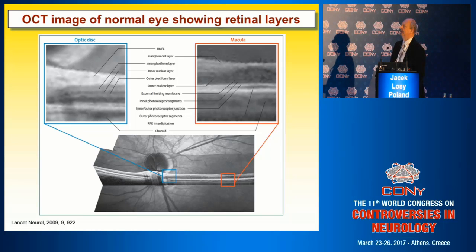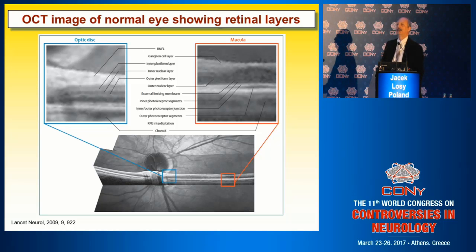Among the layers is what was also mentioned, and I would like to underline this, the retinal nerve fiber layer, the layer which consists of non-myelinated axons, is especially of our interest.